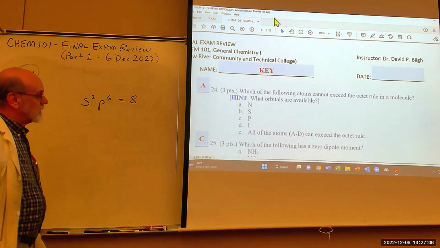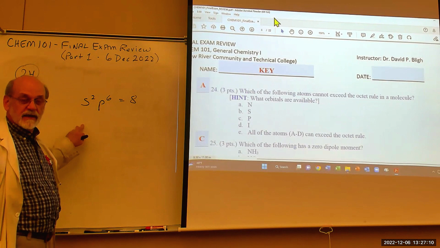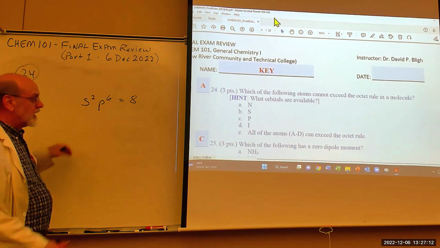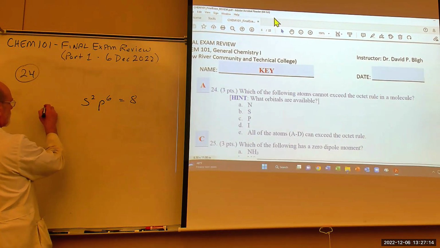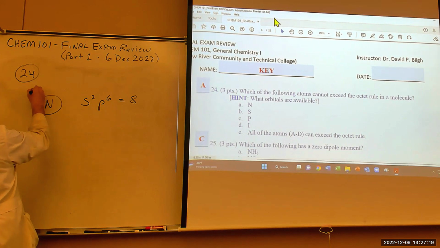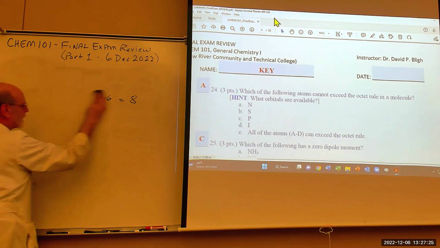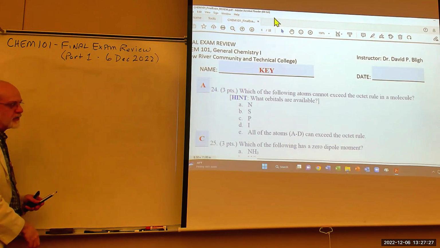Right? So sulfur can, phosphorus can, iodine can, they all have d orbitals available. Nitrogen does not. Nitrogen does not have any d orbitals available, so that's your answer, because it is in period 2.